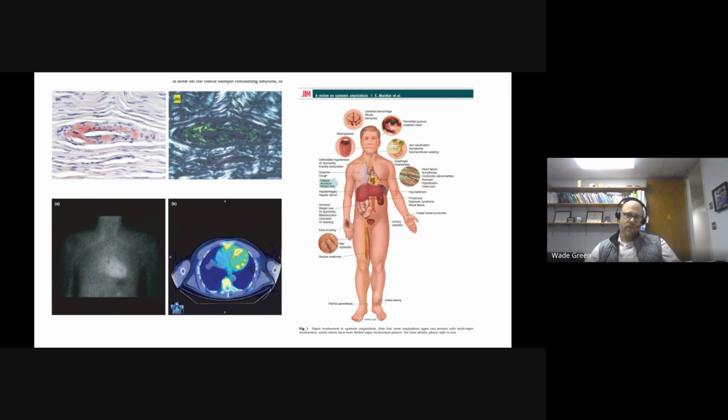Hopefully, as what we know about amyloidosis changes and grows, that will allow us to become more adept at not only diagnosing this problem, but identifying it. Amyloidosis is known for being extremely difficult to diagnose, and patients are often affected by substantial delays in diagnosis.